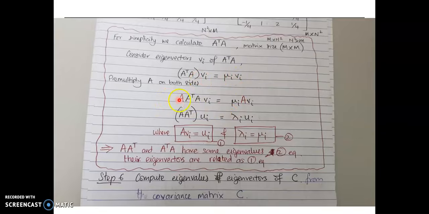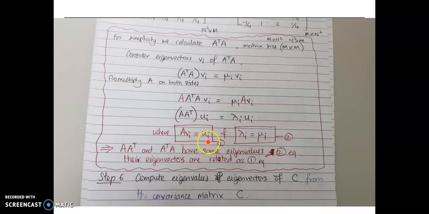We pre-multiply both sides by the matrix A to get the expression A times A transpose times Ui is equal to the eigenvalue lambda i times Ui, the eigenvectors. Now A times A transpose and A transpose times A have the same eigenvalues, as shown in equation 2.